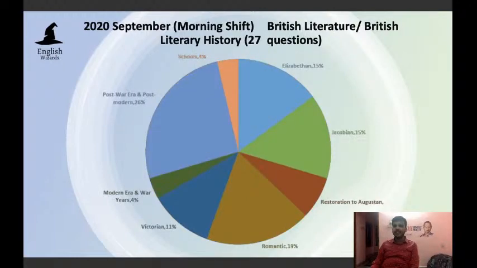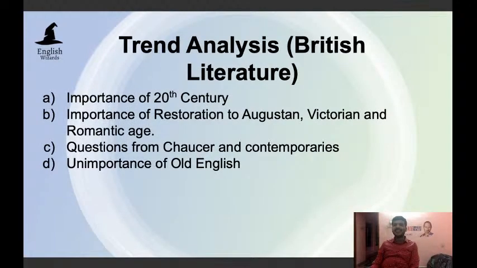Involving modernism, the interwar period, postmodern era, and a couple of movements. You know those movements, Imagism, then Dadaism, and so on. Including all those sections, a huge number of questions are asked.